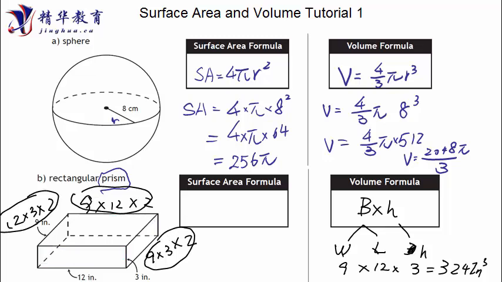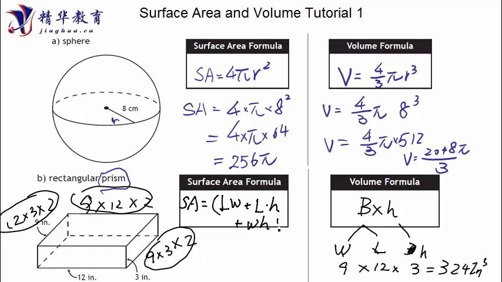Then what is the formula of the rectangular prism surface area? This is the length times height times 2. That's width times length times 2. That's width times height times 2. So our formula is length times width plus length times height plus width times height.